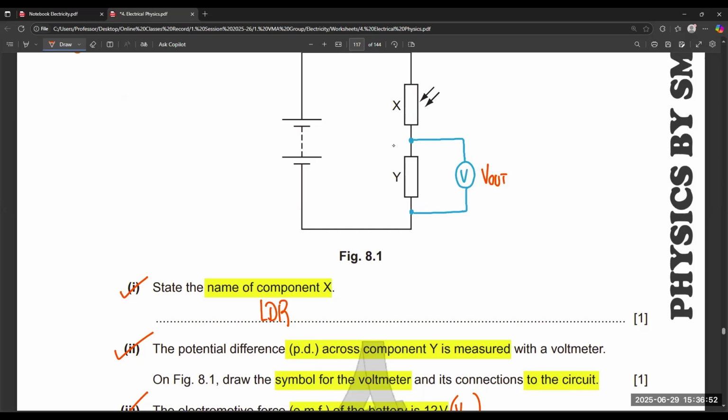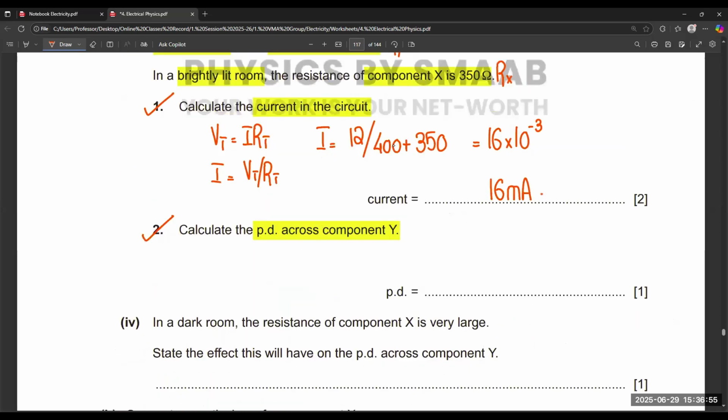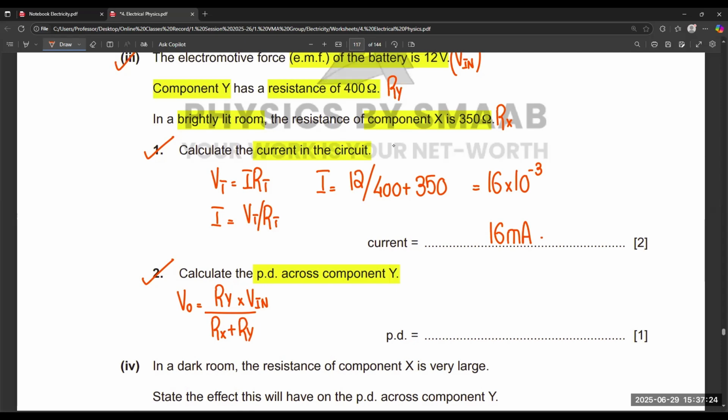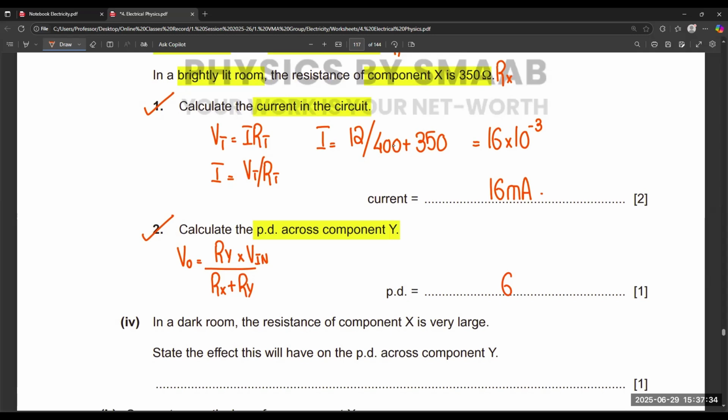So we can use the formula of potential divider: resistance of Y multiplied by input voltage. Input voltage is 12, component Y 400, divided by 750. 6.4 volt.